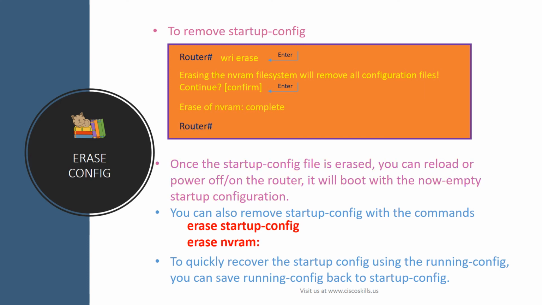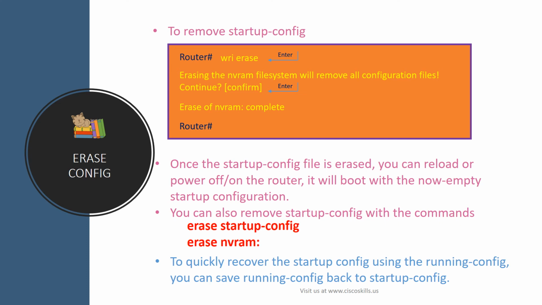Once the startup config file is erased, you can reload or power off, then power on the router. It will boot with a now empty startup configuration. You can also remove startup config with the commands erase startup config or erase NVRAM.